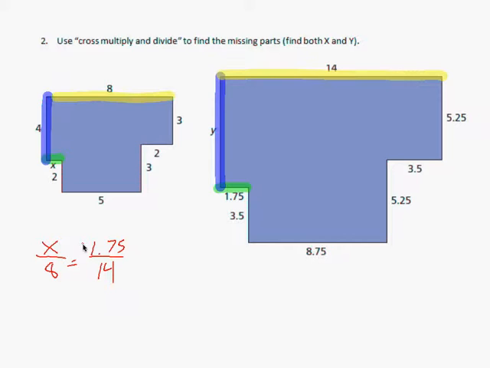I'm going to set the other one up, and then I'm going to solve them both at the same time. I'm going to pick blue over yellow, which is y over 14, equals blue over yellow, 4 over 8. Once again, I don't have the x and the y in the same proportion. Now, I'm going to go ahead and cross multiply and divide.